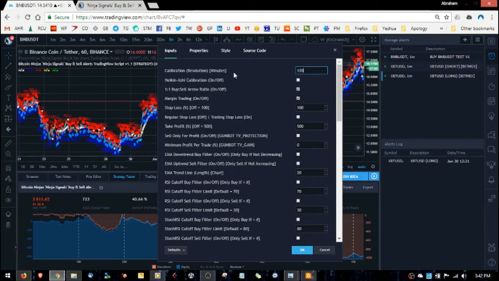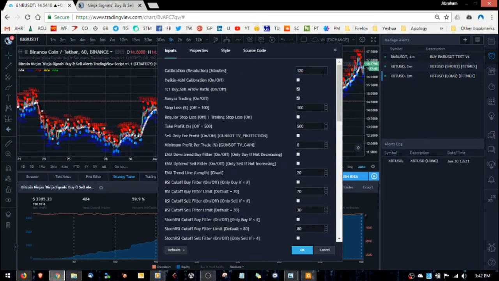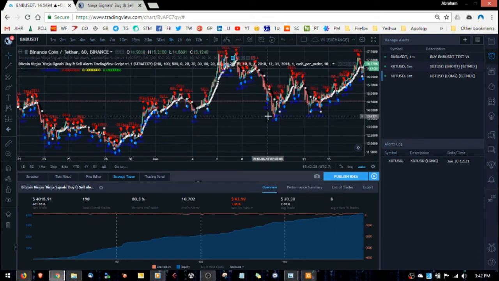Typically for version 1, a larger calibration number works better. So if I'm using 60-minute candles or 1 hour candles, I might try a calibration number of 60, I might try 120, I might try 240. Typically a larger calibration number works better for version 1.